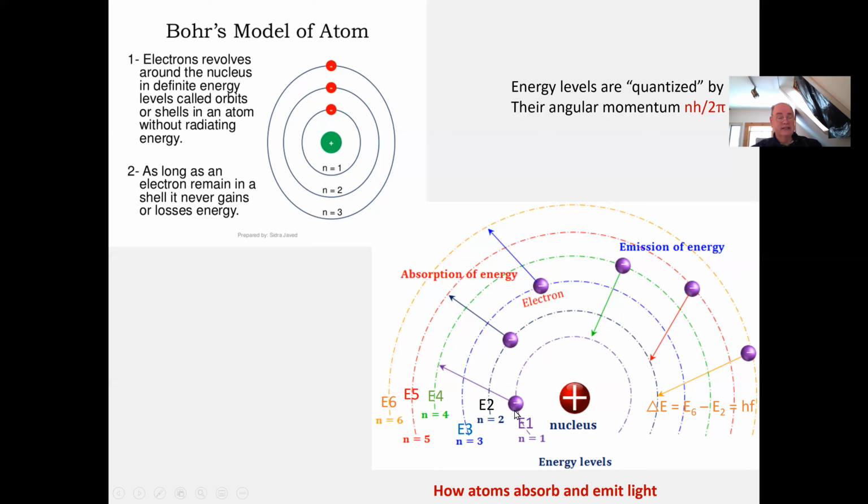If you can give an electron energy, like the photoelectric effect, like heat, like anything, you may bounce up an electron from a lower energy level to a higher one, like going from, for example, 1 to 4. In that case, you would want to calculate how much energy it needs to get up there. I'm sorry, this should be a 1.